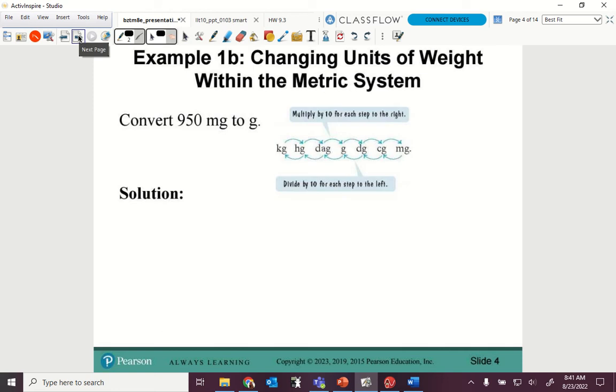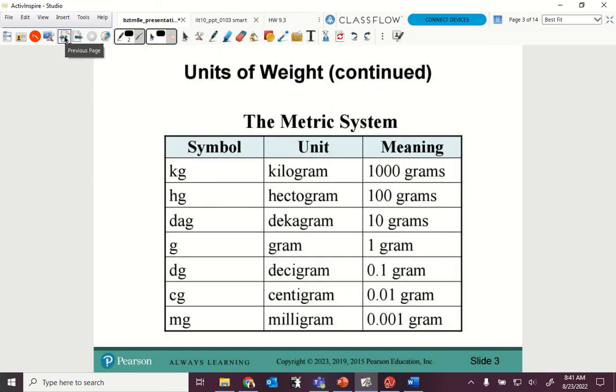Okay, changing units of weight within the metric system: we have 950 milligrams to grams. So I have 950 here, and we're going to write it down. Milligrams to grams goes up 1, 2, 3. So this is another way of doing this.